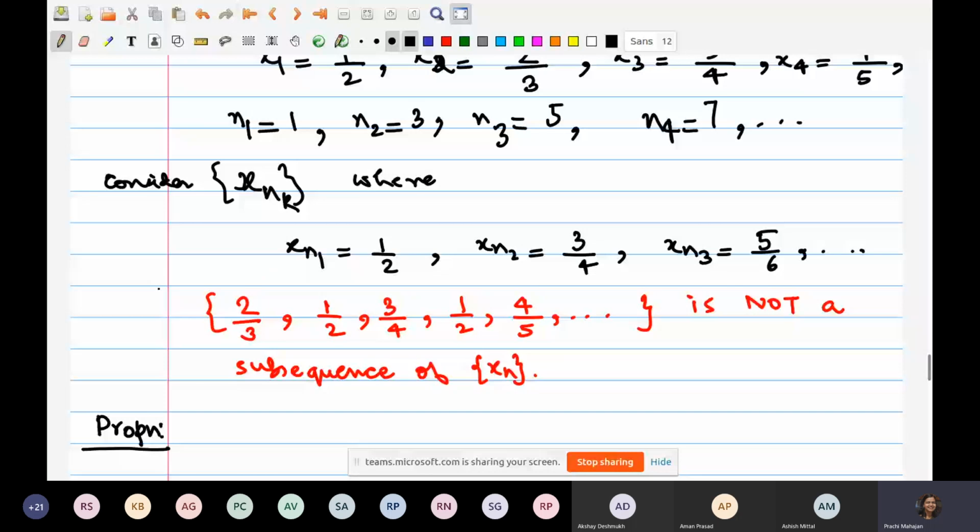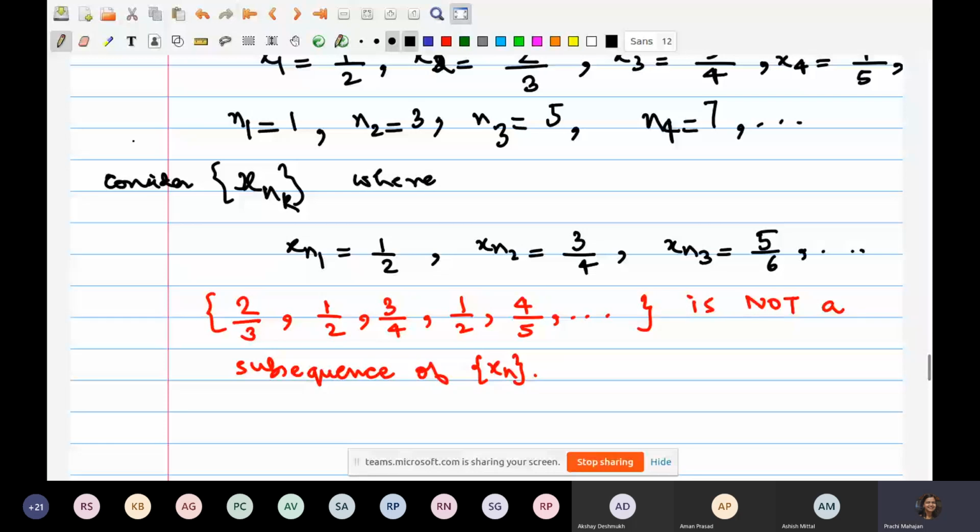Okay, so let's fix this. I'll write it as an observation. Given a sequence xn, when you define a subsequence, you write it as x_{n_k}. That's the convention.